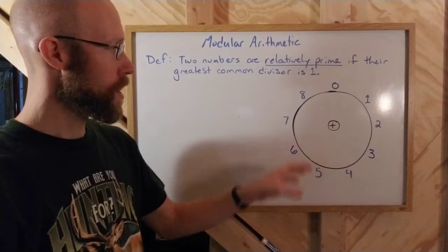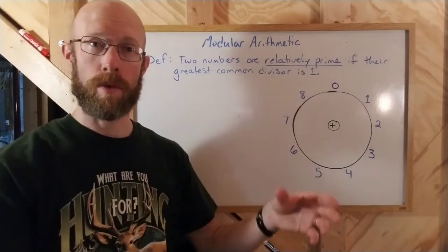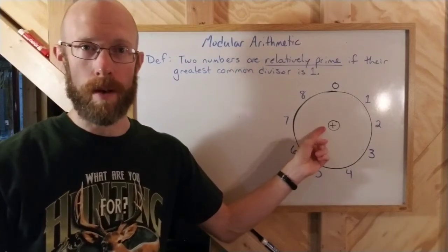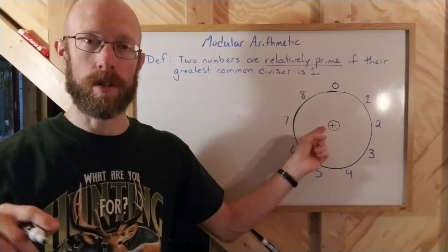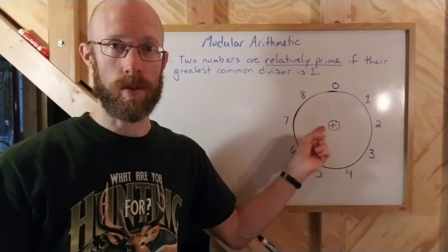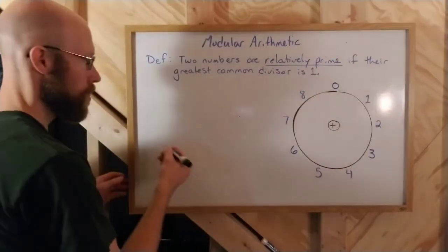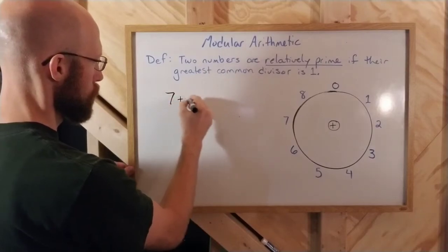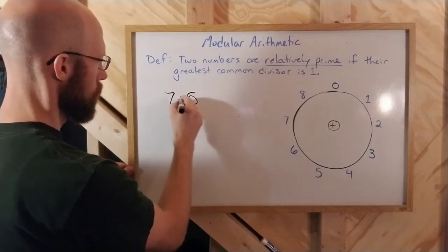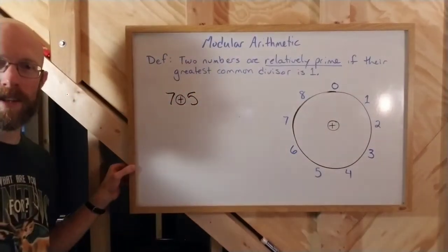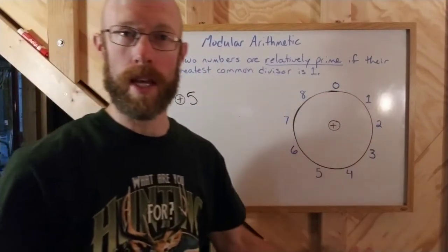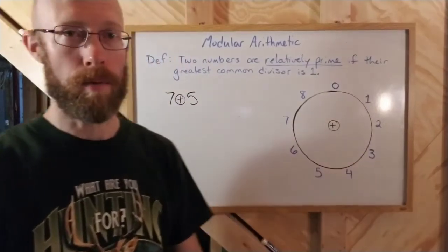It'll say, okay, for the following problems, use mod 9 whenever this symbol shows up, and it uses a plus with a circle, and it'll tell you for each problem what that's going to be. And then it'll just say, okay, so what is 7 plus 5 mod 9? So they circle the plus, and they're implying that it relates to this modular arithmetic.